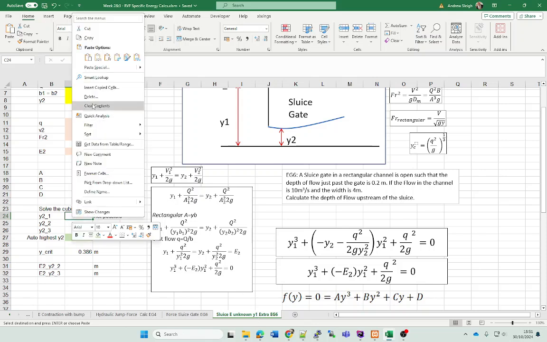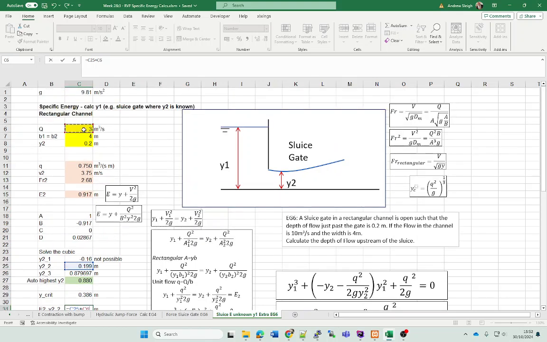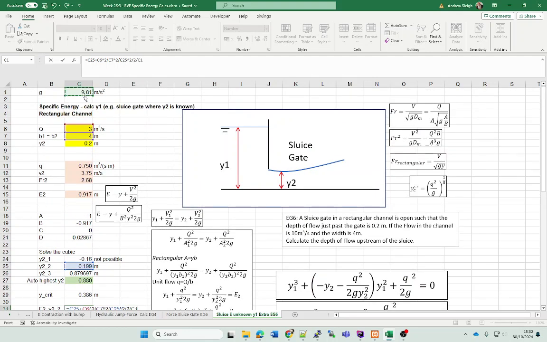I can paste these in here as values. My E1 and E2 I can use calculating. So for E1, we'll calculate this E value equal to Y plus V squared, which is Q squared divided by B squared divided by Y squared, divided by 2g.